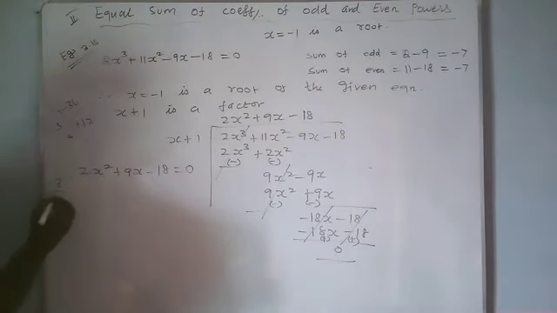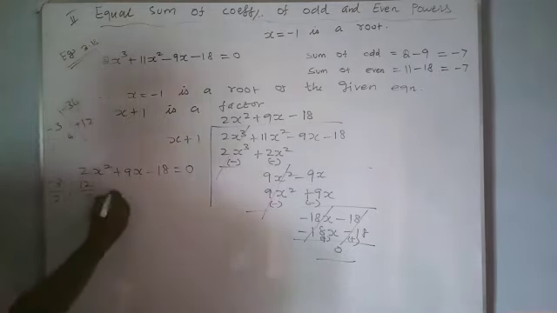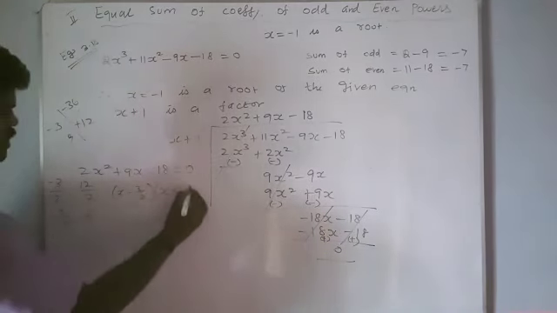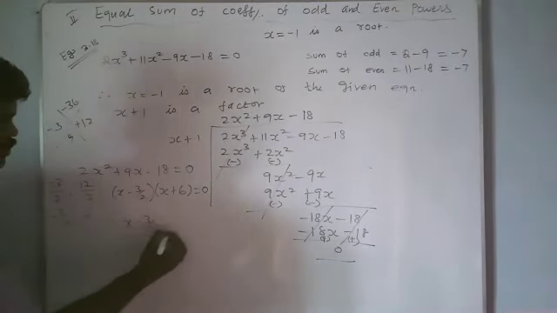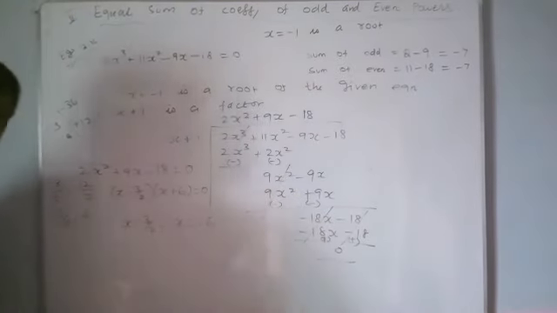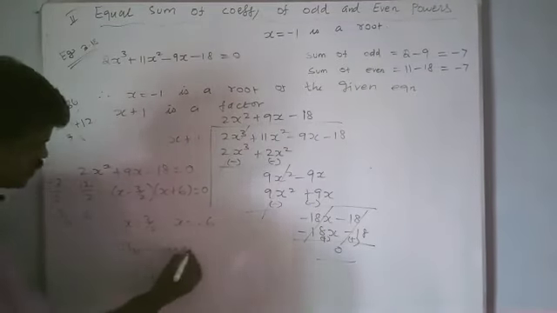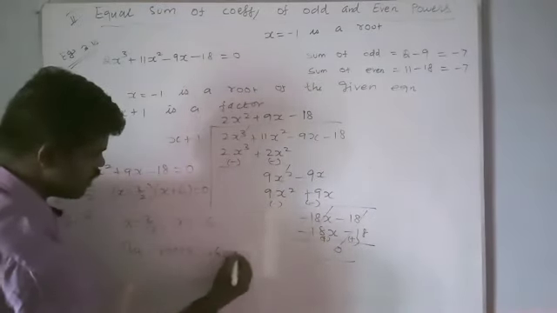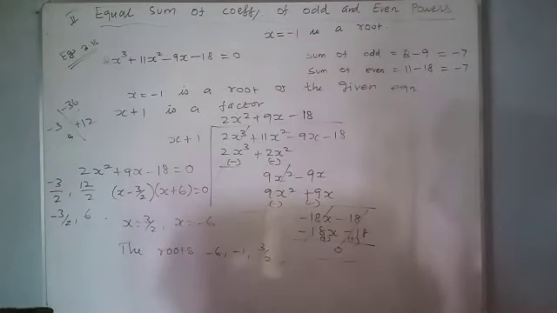So minus 3 by 2 comma 12 by 2, and minus 3 by 2 comma 6. Therefore the factors are x minus 3 by 2 and x plus 6 equal to 0. Therefore x is equal to 3 by 2, x is equal to minus 6. Already minus 1 is a root. So here minus 6, minus 1, 3 by 2 are the three roots of the equation.